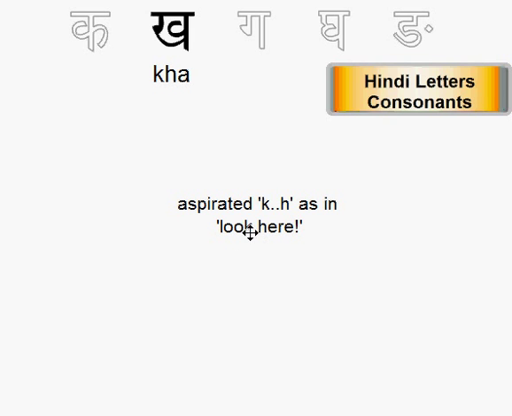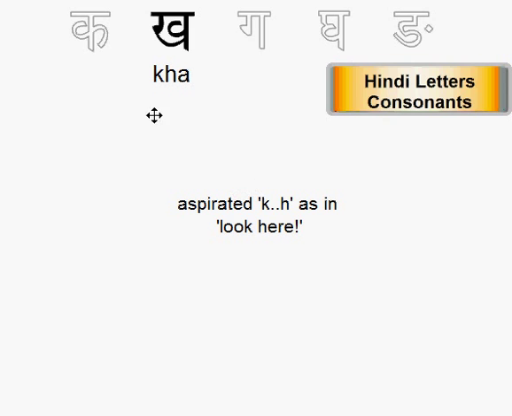When you say this really fast, look here, the k and h go together and have the sound kha. You hear that? The k and h are pronounced together, and you get that kha sound.